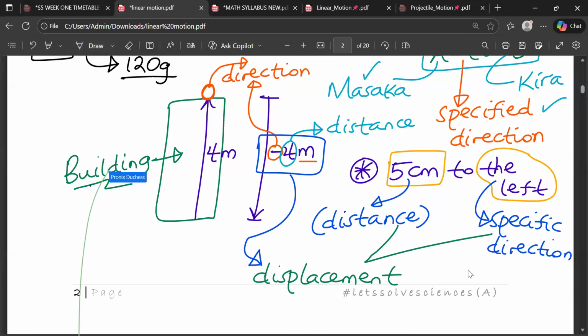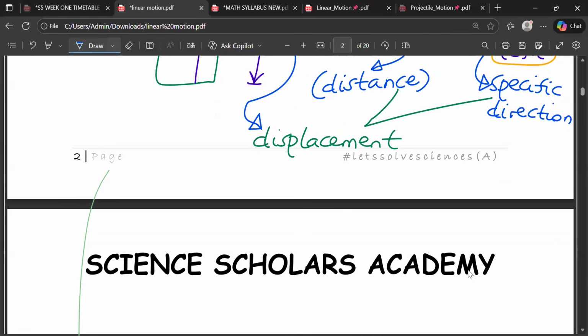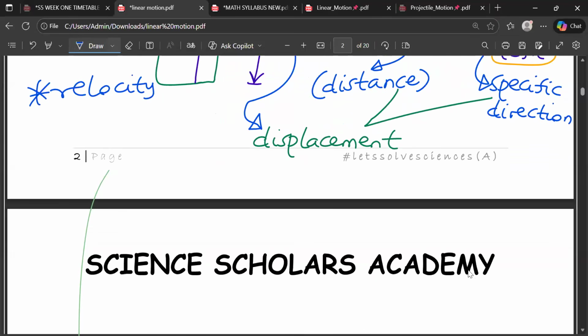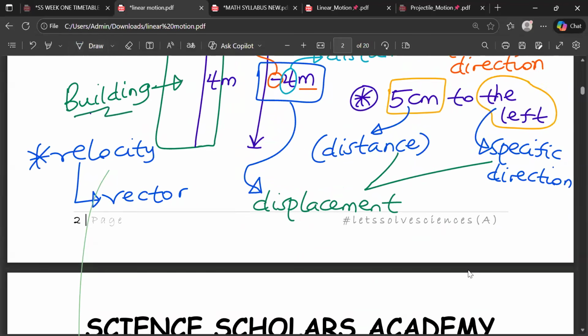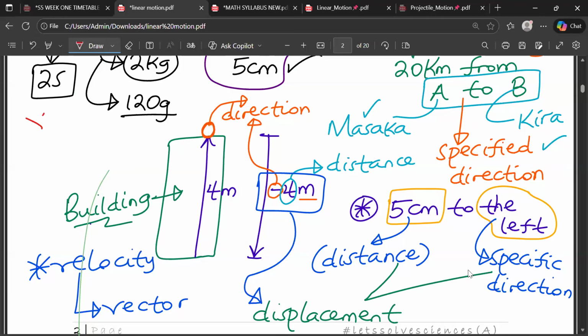So the same case with velocity. When you're talking of velocity, you should respect that. Velocity is a vector quantity. Then the sister of velocity is speed. But for the case of speed, speed is scalar. Hope you are aware. Speed is scalar.